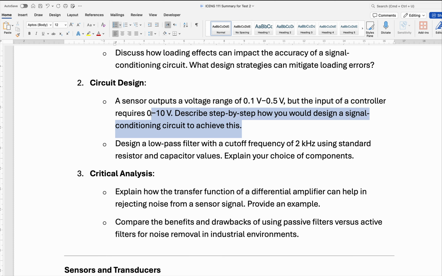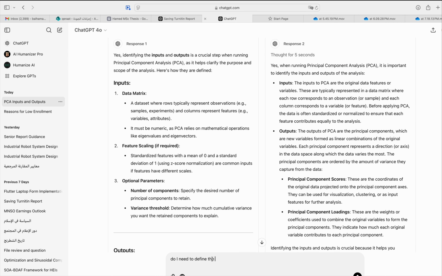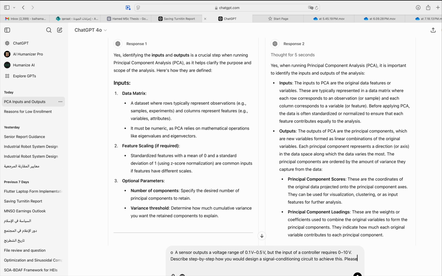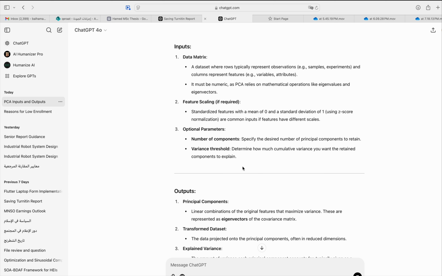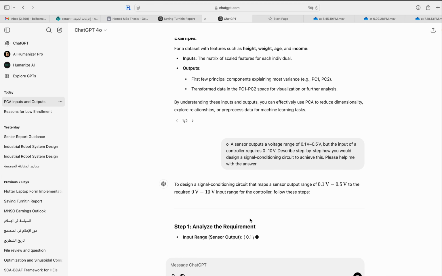Just in case you want to find the answer, you can always go back, discuss, and find the answer to this question. I'm putting it in ChatGPT just to show you that you can always work on it and ask it to help with the answer.